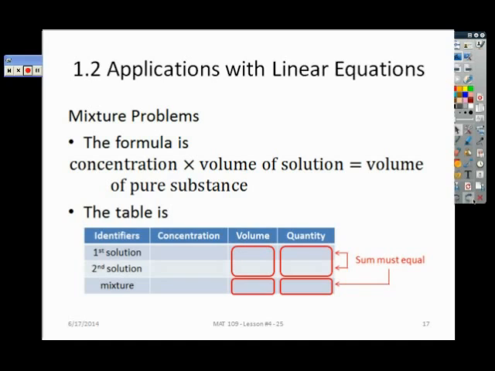Concentration is going to be a percentage. Volume will be gallons, liters, cups, some way to measure volume. Quantity is going to be also volume. Everything's liquid, so the quantity of pure will also be in the same units of volume as the overall quantity. So if you say you had 10 gallons at 50% concentration, then that's 5 gallons of pure. Same units.